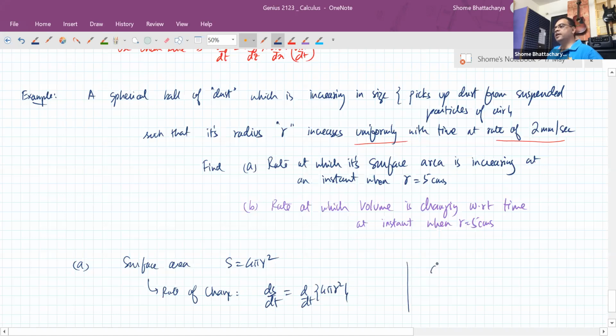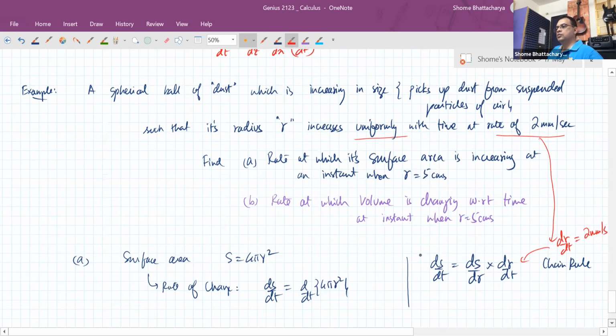So basically we can write rate of change of surface area with respect to time as rate of change of surface area with respect to radius into dr by dt. So this is our chain rule concept. And from the fact that radius is changing at the uniform rate of 2 millimeter per second, that will be substituted here.